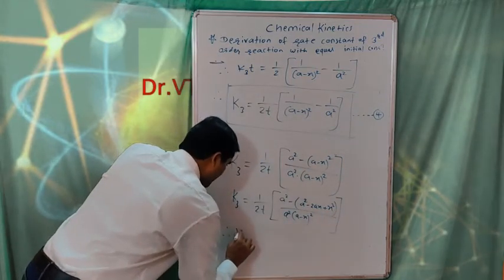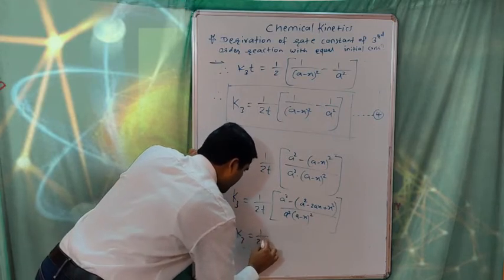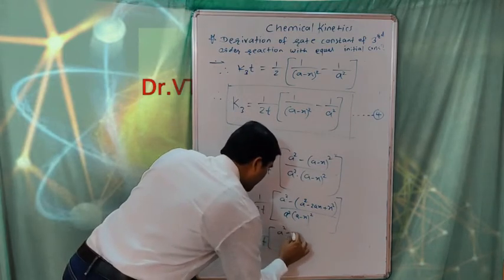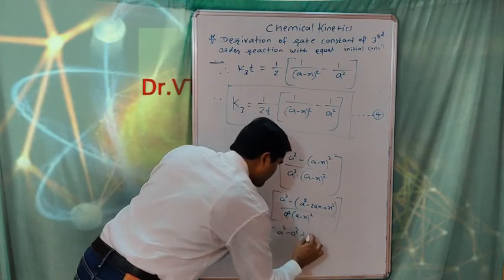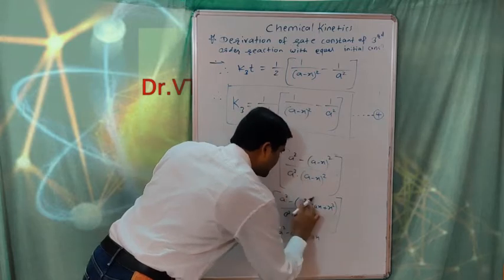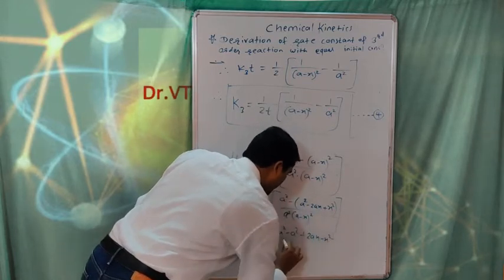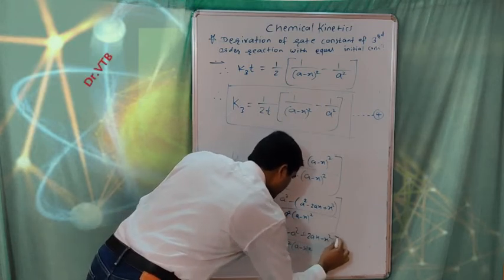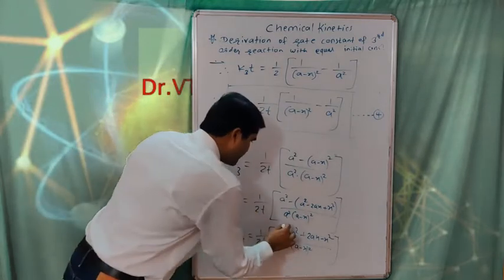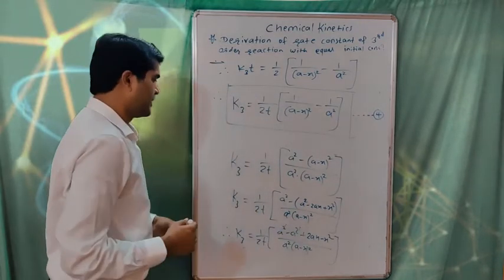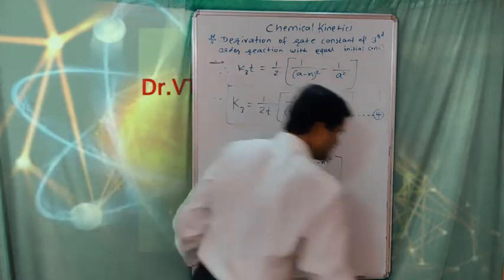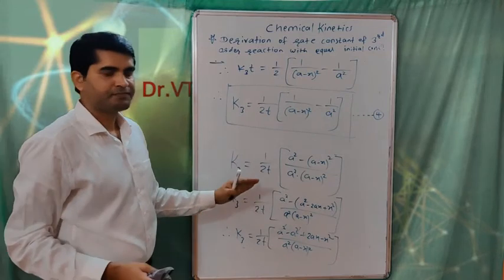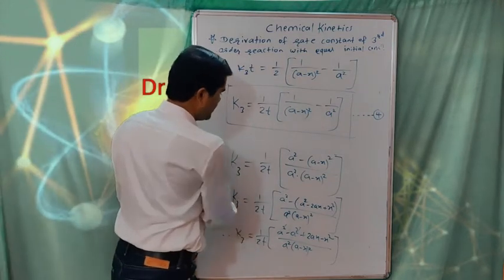Therefore k3 is equal to 1 upon 2t. Now take this minus sign inside the bracket. So a square, minus minus becomes plus 2ax, minus x square, upon a square into (a minus x) bracket square. This a square can be cancelled, and the remaining equation we can write. I am writing up to here all the points, see properly, and write this remaining equation.